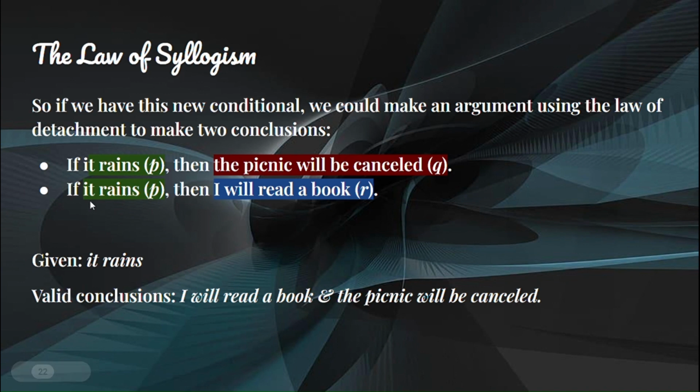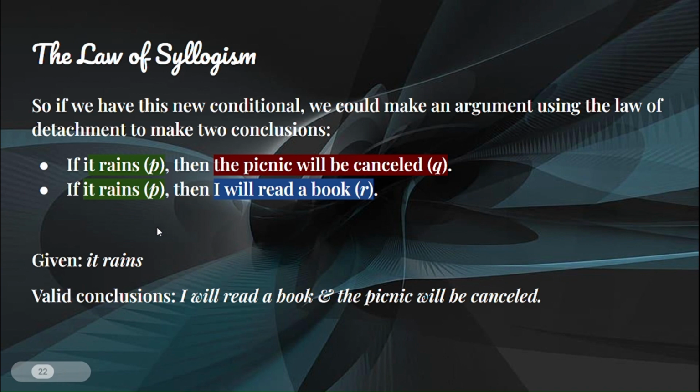And the second one is that new one we just made: if it rains, then I will read a book. So since I'm given it rains, I can actually make two valid conclusions. First is that I will read a book, and the second is that the picnic will be canceled. This is putting together the law of syllogism and the law of detachment into one thing, just by meeting this one hypothesis that's shared by multiple different conditional statements.